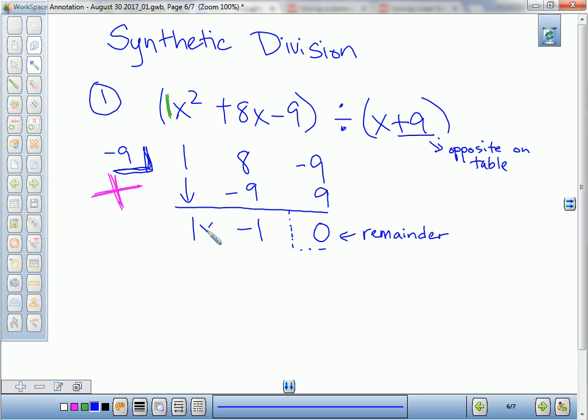This one is your linear term, x to the first. If we had some more, the next one would be x squared, and the next one would be x cubed. So as we work the other way, we start adding in the x's. So this is the answer. X squared plus 8x minus 9 divided by x plus 9 is just x minus 1.